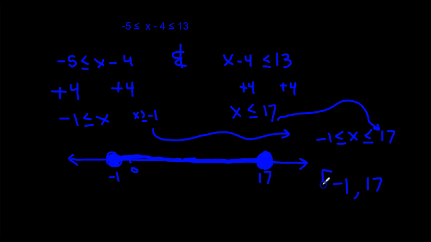And we want to put a hard bracket, or a square bracket, meaning that it could be -1, so that's that equals to. And then we also want to put a square bracket over here, and this would be our answer in interval notation. Here's the graph, here's the answer in interval notation, and here's the notation that we're more used to. So let's take a look at another one.